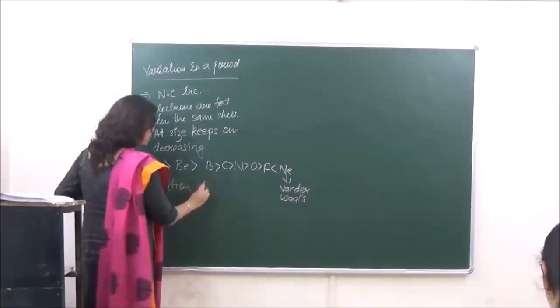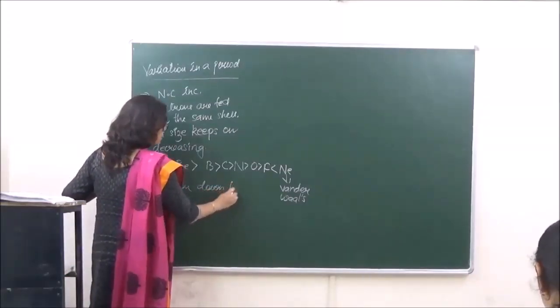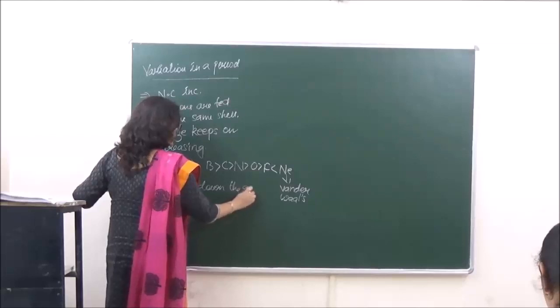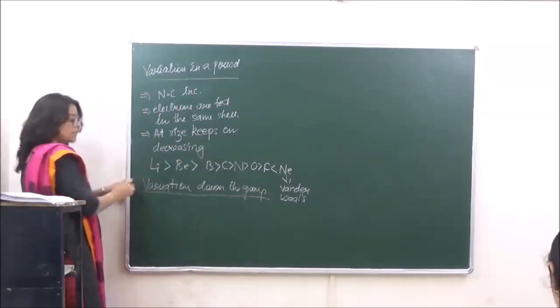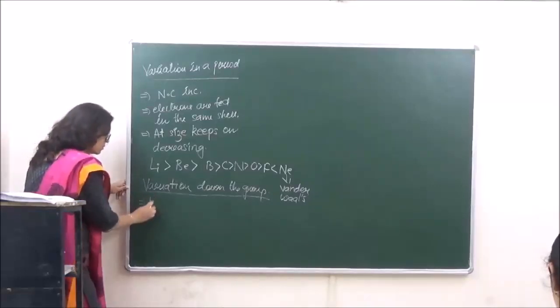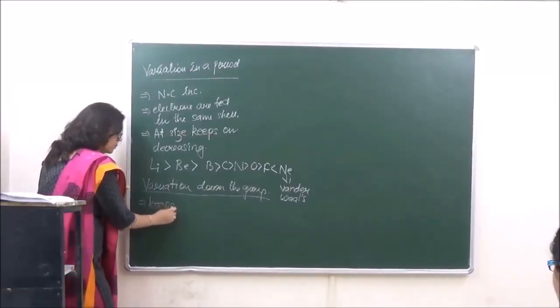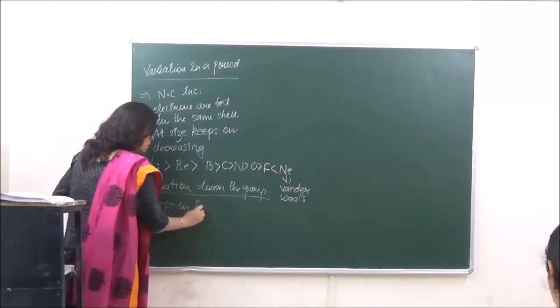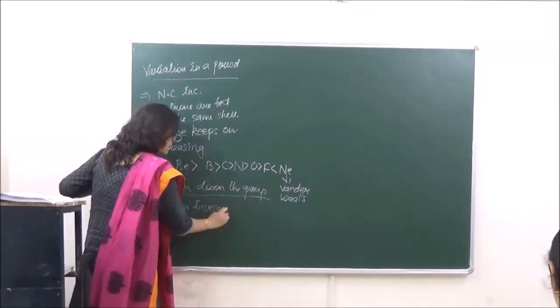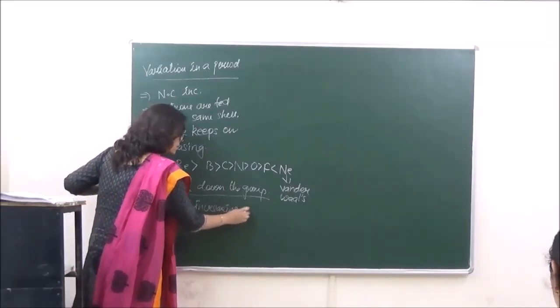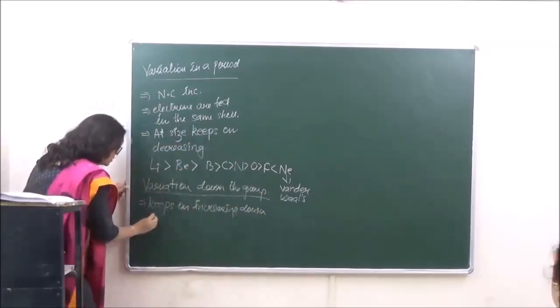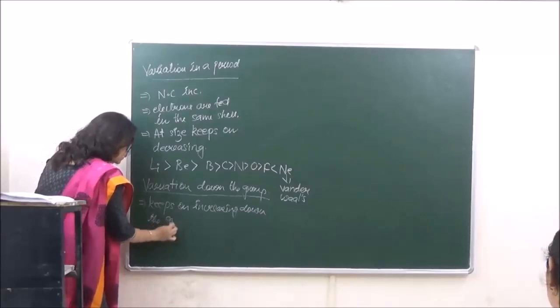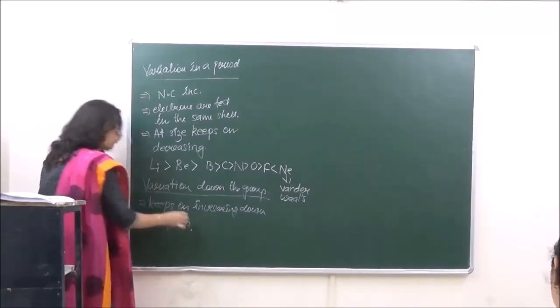Then second is variation down the group. The size of atoms keeps on increasing down the group.